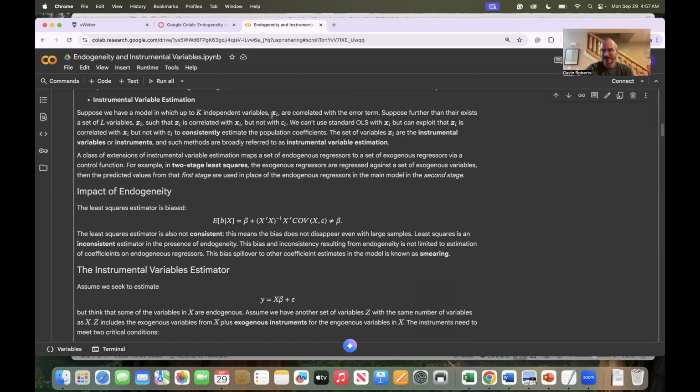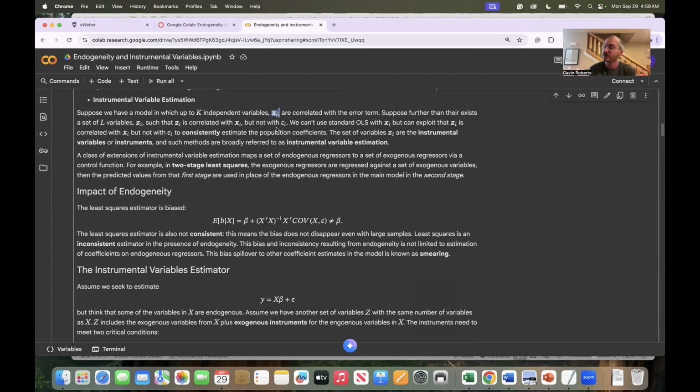So we're interested in estimating the influence of our independent variables x. We know that we have an endogeneity problem. We've assumed that. But then we're assuming further that there does exist this other set of variables that's correlated with x, but uncorrelated with epsilon. We can't use standard ordinary least squares with x in this case, but we might be able to exploit the exogeneity of our z variables, because they're correlated with x, so that when they move in certain directions, x moves in certain directions, but not with epsilon.